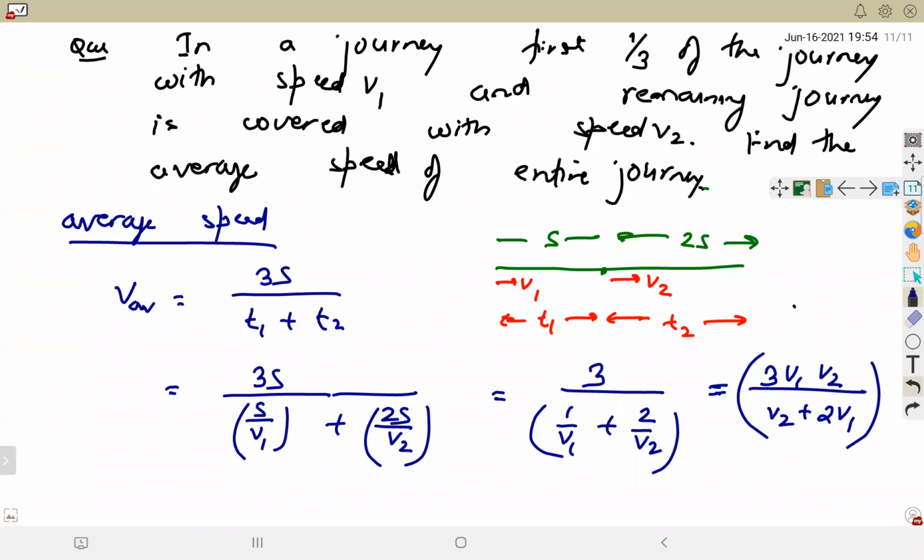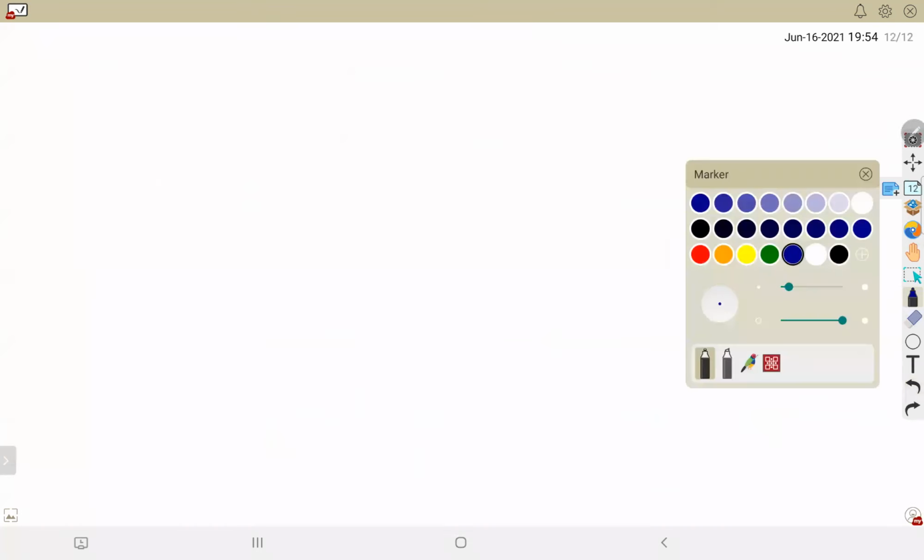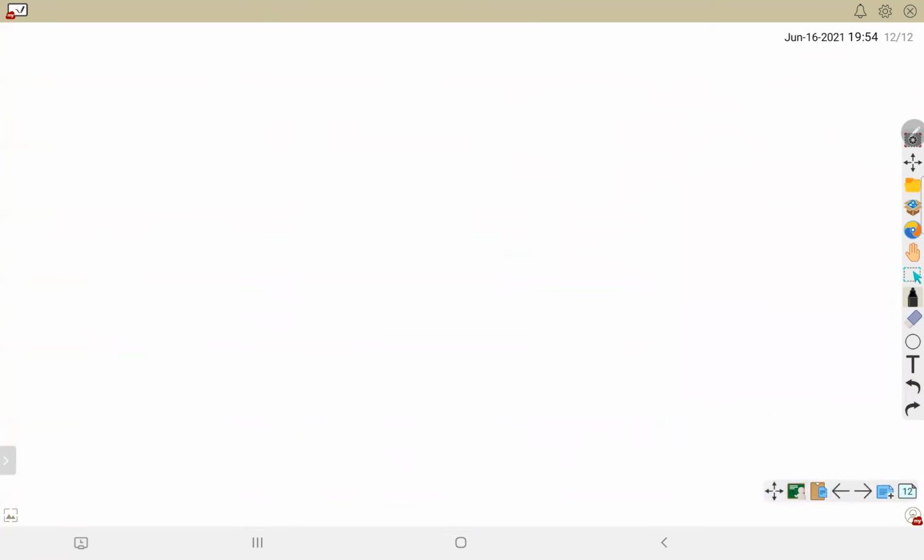3 v1 v2 upon v2 plus 2 v1. Now let us do a mixed question.